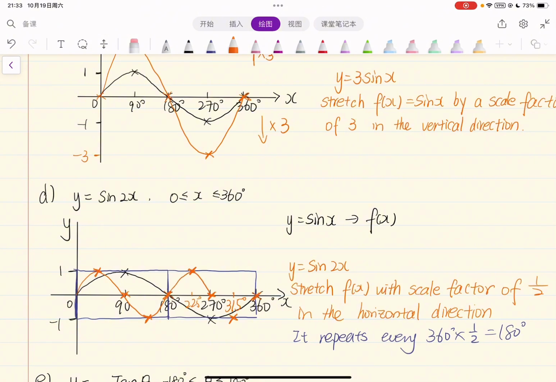So we link them. Thus, we have done the graph of y equals sine 2x. So here is 45 degrees, here is 135 degrees. Let me erase the black one to see it clearly.